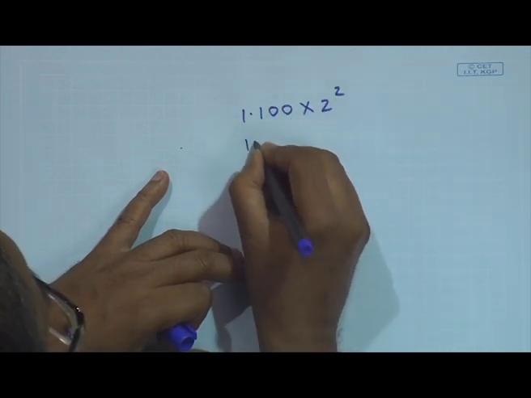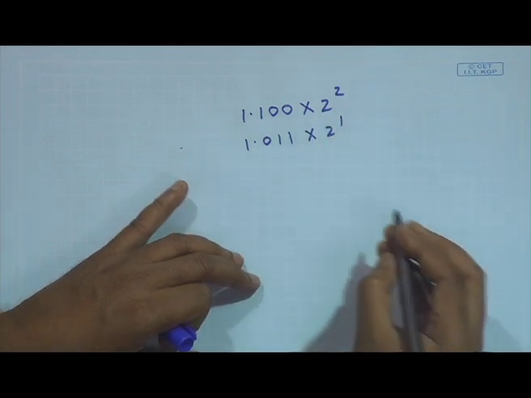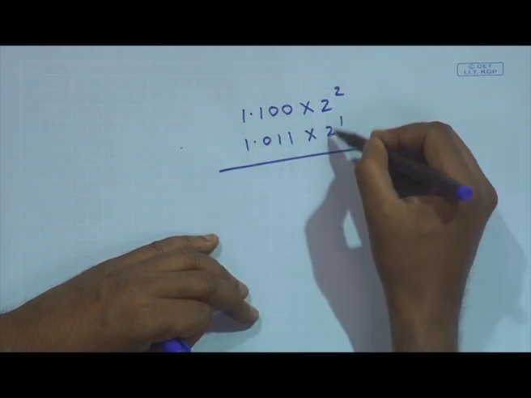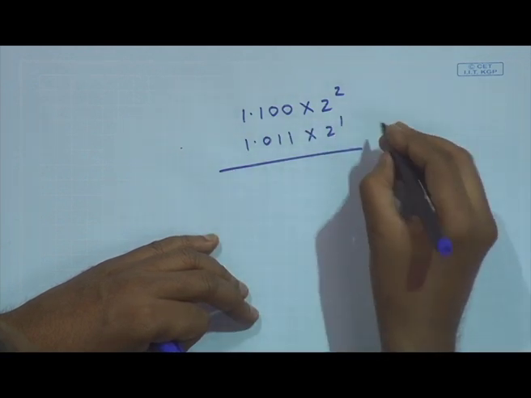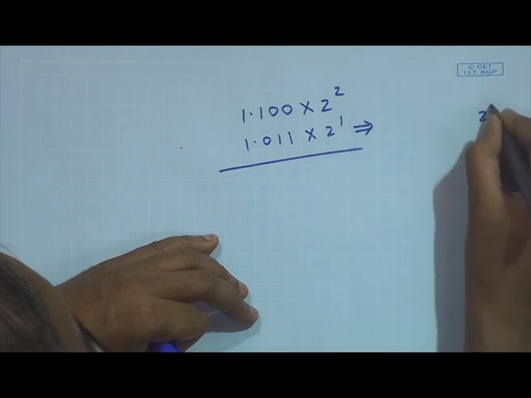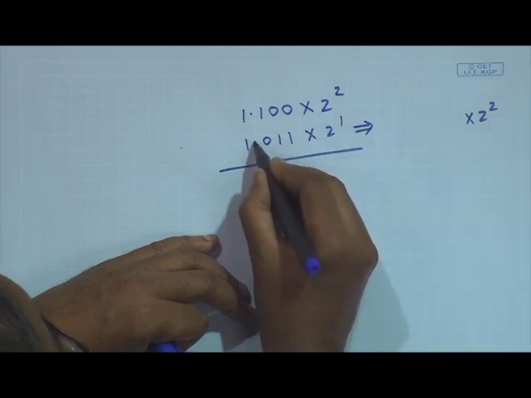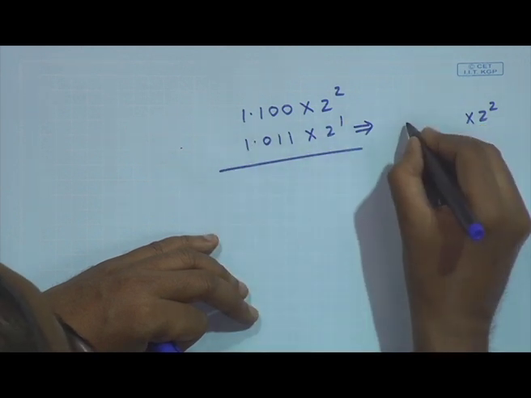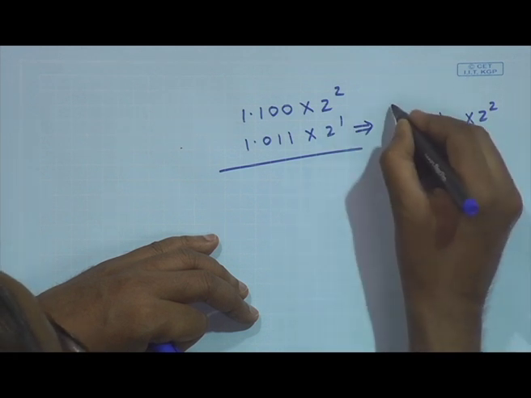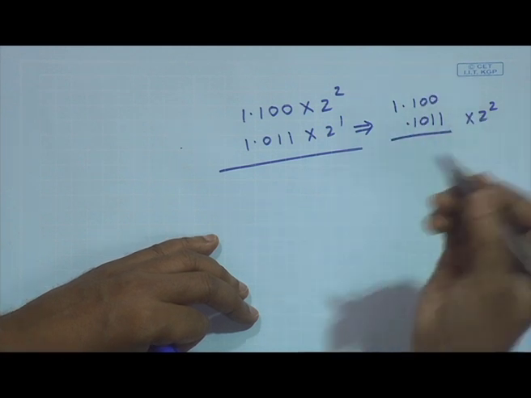Let us say the other number is 1.011 into 2 to the power 1. When I want to add, I cannot straight away add because the exponents are not the same. What I do, the second number I make it 2 to the power 2, and for that I have to shift my decimal point to the left by 1 position. So, it becomes 0.1011. Then I can add 1.000 with this.